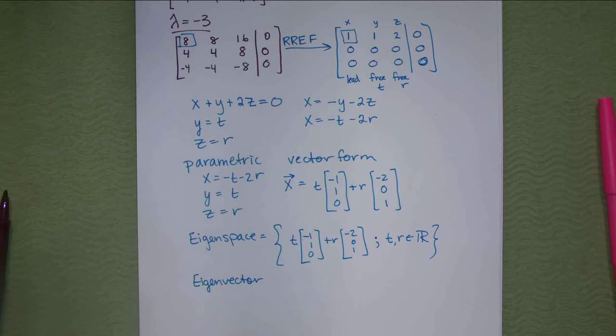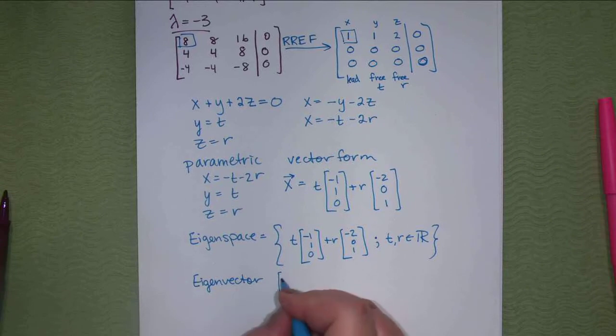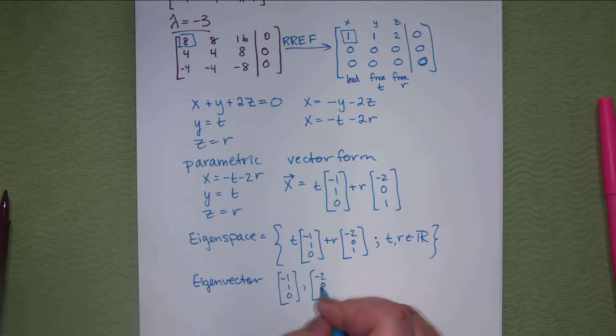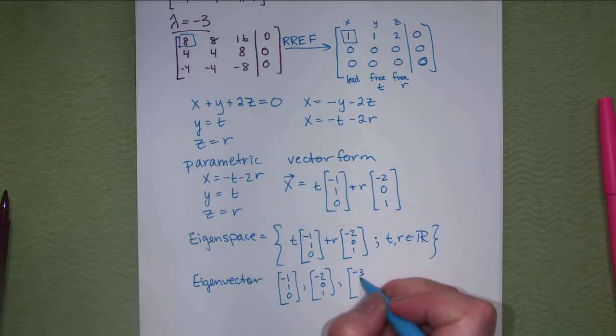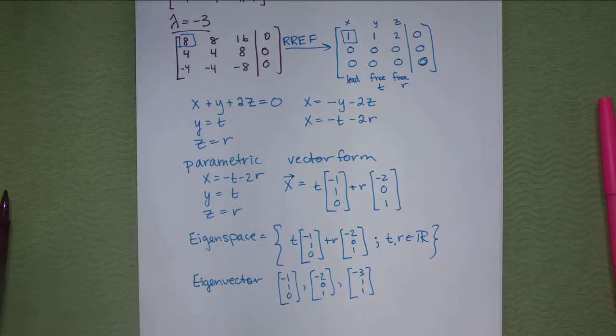Or any other linear combination, picking T's and R's to be any number, you add them together. So there's lots of eigenvectors, but these individually are eigenvectors. Or any linear combination, if we add them together, that would also be an eigenvector, and they'll all work.